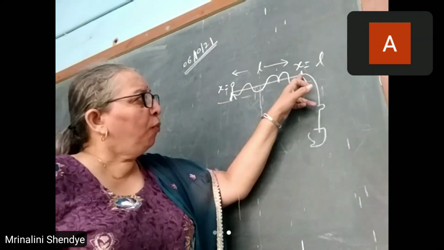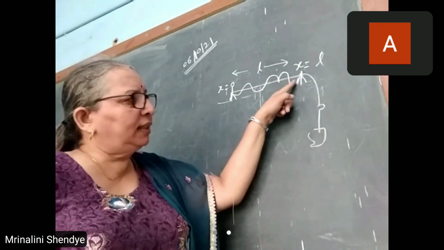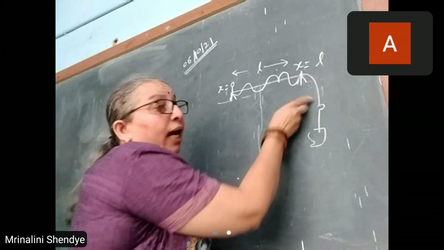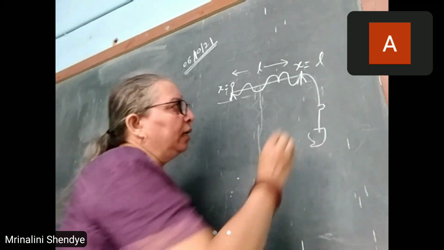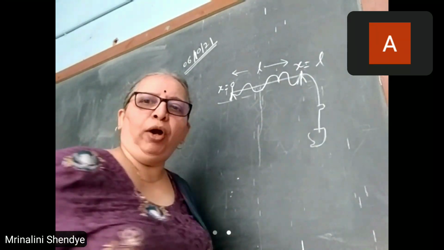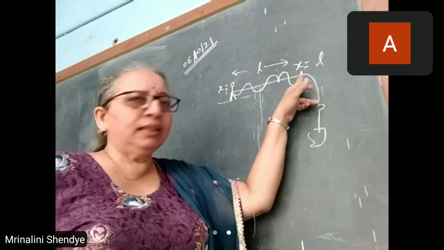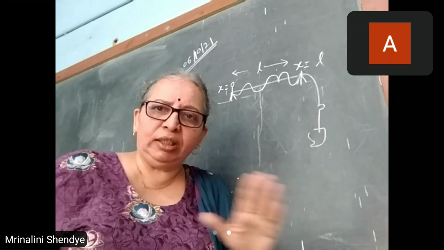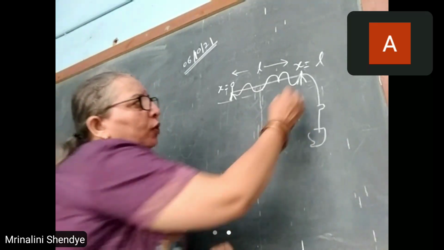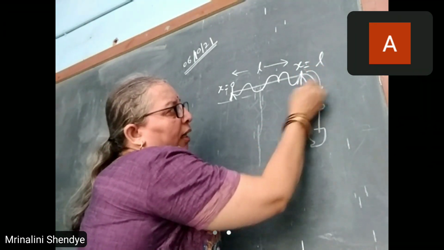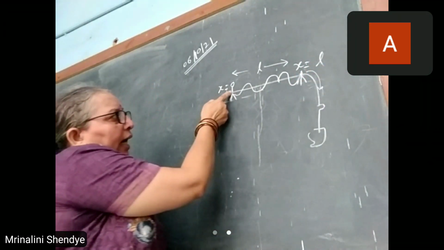The disturbance cannot go beyond the rigid support, because the rigid support point always remains at rest. So these waves will not propagate beyond these rigid ends.